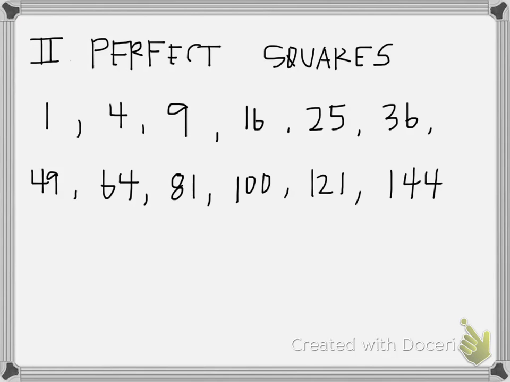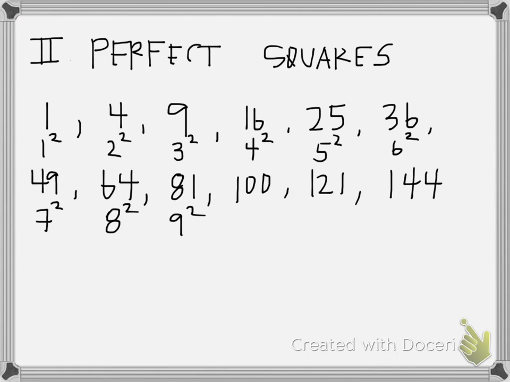Okay, so going up to 12 is what you're expected to just know. So 1 squared, your 4 was a 2 squared, your 9 was a 3 squared, your 16 was a 4 squared, your 25 is a 5 squared, 36 is a 6 squared, 7 squared, 8 squared, 9 squared, 10 squared, 11 squared, 12 squared.